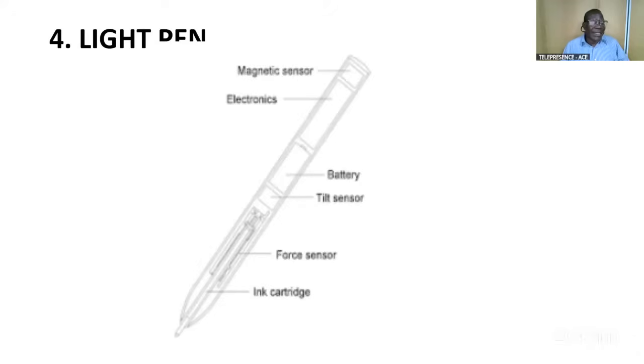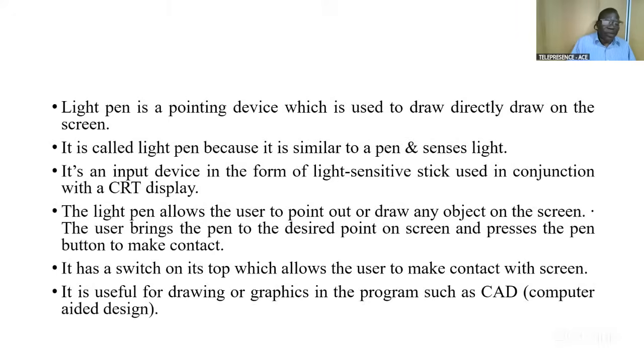We'll look at this: the light pen. It has a magnetic sensor, the electronics, the battery, the tilt sensor, the force sensor, and the ink cartridge. You can use this to do some writing. A light pen is a pointing device which is used to draw directly on the screen.